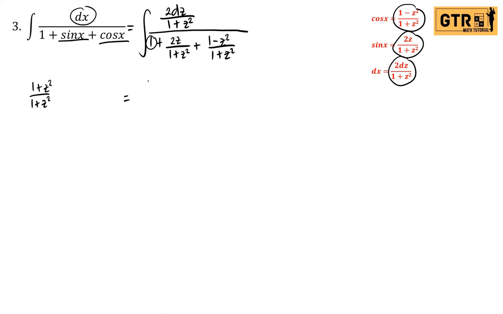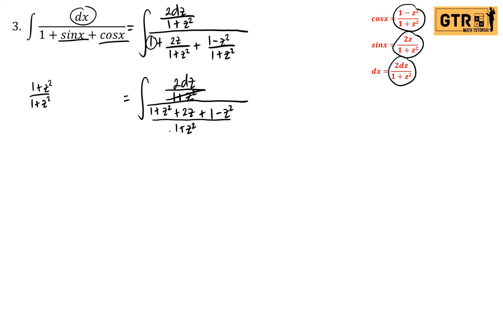Okay? So that's the shortcut. So we have integral of 2 dz over 1 plus z squared. So let's just write all the numerators. So we have 1 plus z squared plus this, so plus 2z plus 1 minus z squared all over 1 plus z squared.